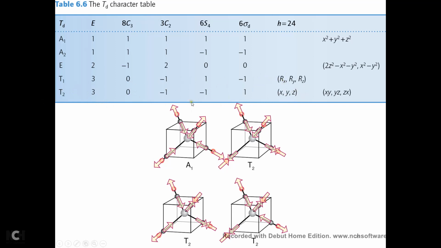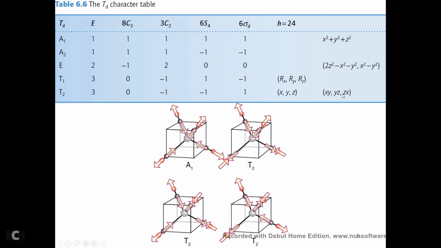Any other vibrational modes, you cannot find them on the infrared spectrum. How about Raman? On the Raman spectrum, you can see A1, E, and T2 vibrations.